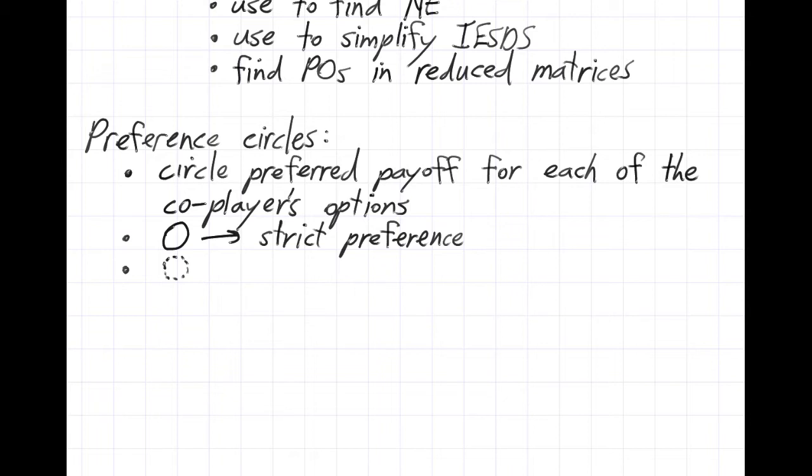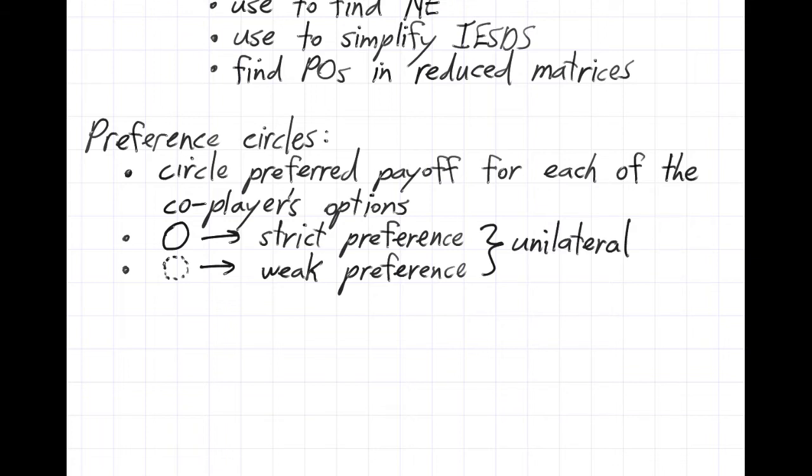And we'll use a dotted circle to indicate weak preference, meaning that there are some other alternatives that are just as good, but amongst all of them, it's still one of the best. And I'll just remind you that we're talking here about unilateral choices. So we're assuming that our co-player makes a fixed choice, and we explore each of them in turn. And given that, what is best for us?